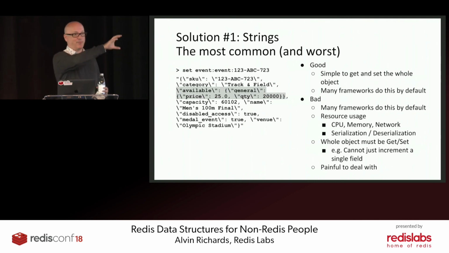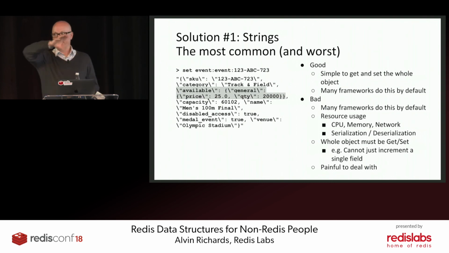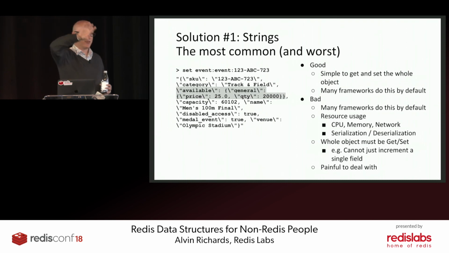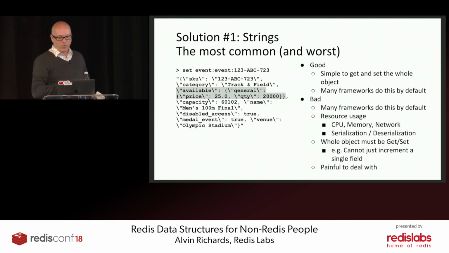I have to take this binary object that I've stored in Redis, take the whole thing back through the network, deserialize that on my client side, manipulate that field by decrementing the value, then turn it all back into a big string, transport that through the network, and store it again. So if you want to make partial changes, you take the cost of transporting that whole object backwards and forwards and deserializing and serializing it.